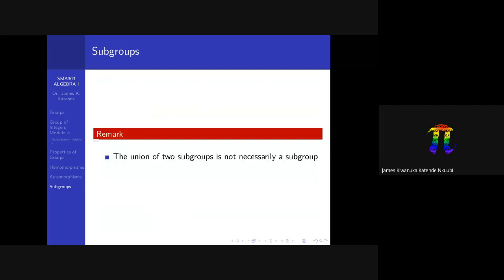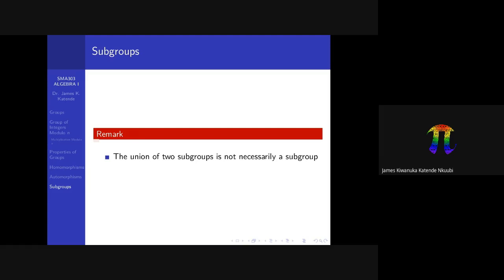Okay. So as a remark, we can make the claim that the union of two subgroups is not necessarily a subgroup. This may not always be true. I've not given any examples, but maybe in the next class we can try to give some examples.